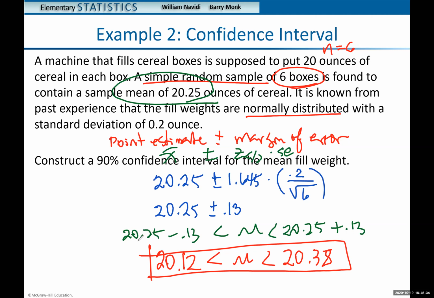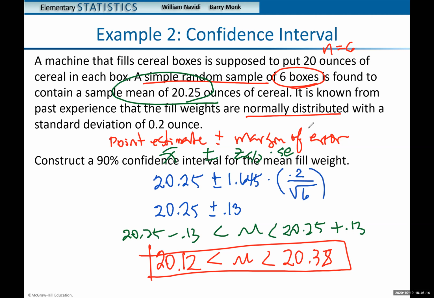How do we interpret this again? Anyone? We are 90% confident that the population mean is between 20.12 and 20.38. Yes, thank you. We are 90% confident because we constructed the 90% interval.